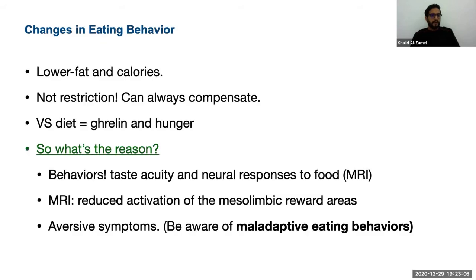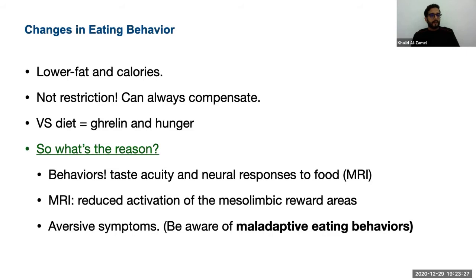How about changes in eating behavior? Would bariatric surgery change our patients' eating behavior just by restricting their stomach capacity after eating?